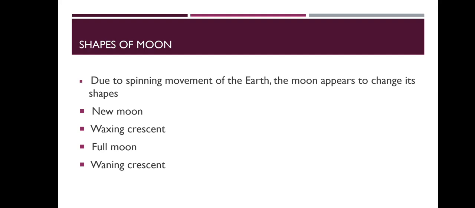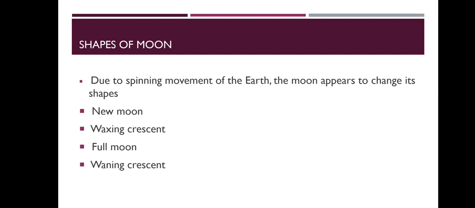When light falls on the moon, we see it, but due to spinning of the earth, sometimes only some portion, sometimes a full portion is seen, sometimes a very thin line is seen, sometimes a quarter is seen.